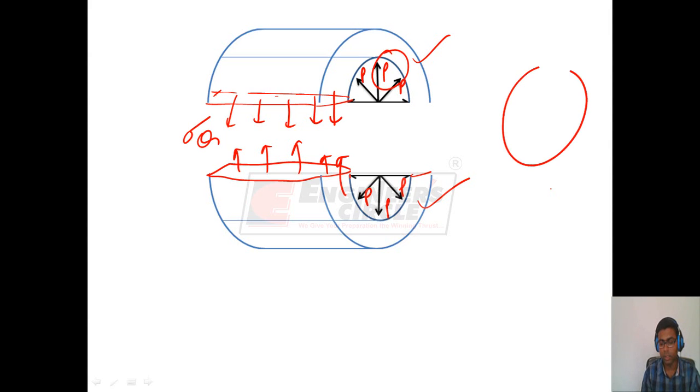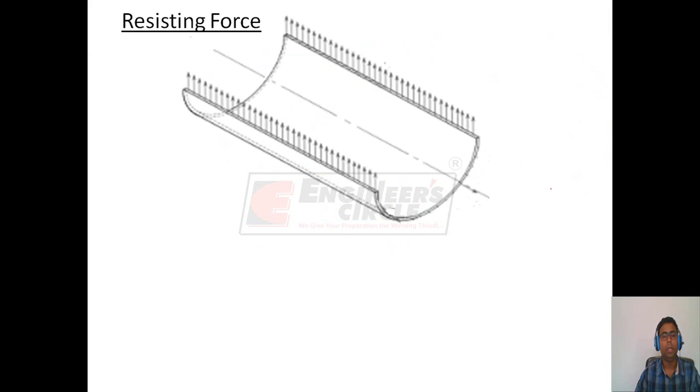So if this is the cross section, stresses are acting along the circumference. So these are circumferential stresses. So if we see this on this diagram, these all are the circumferential stresses sigma theta. So along the thickness T, circumferential stresses are acting to resist the applied pressure P.